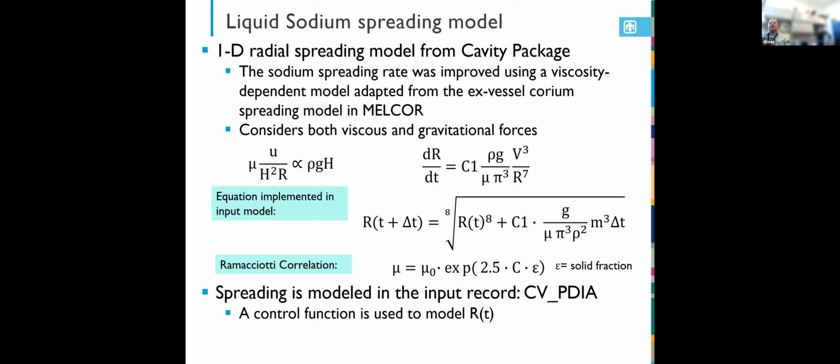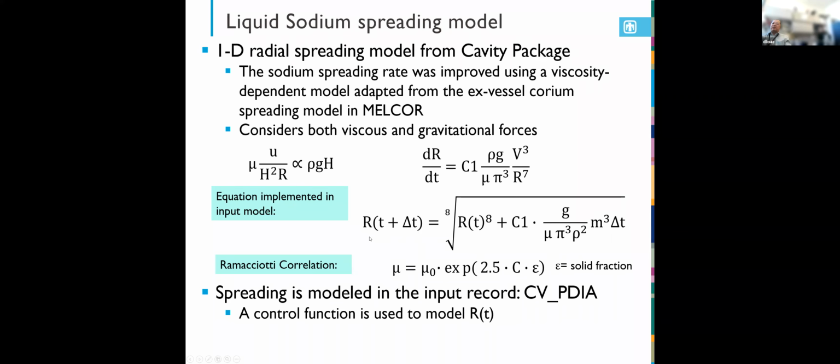The 1D radial spreading model is like a pancake model, in my opinion. It came from the cavity package in MELCOR, and is a viscous dependent model. Showing here is a viscous term versus the gravitational force, and you can write that as a function of the radius as a function of time.